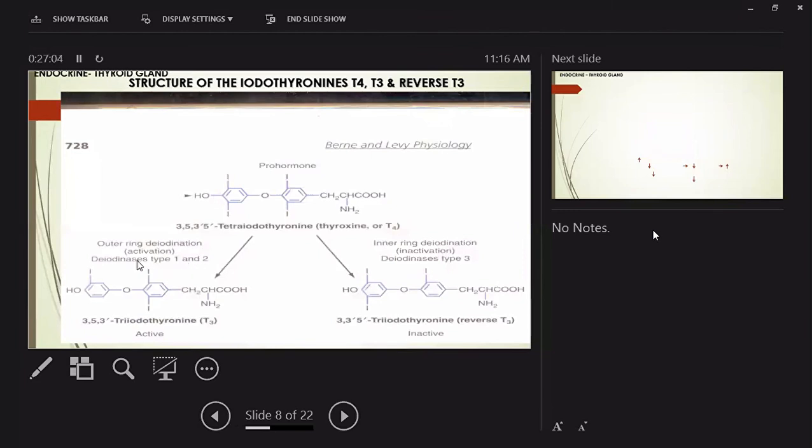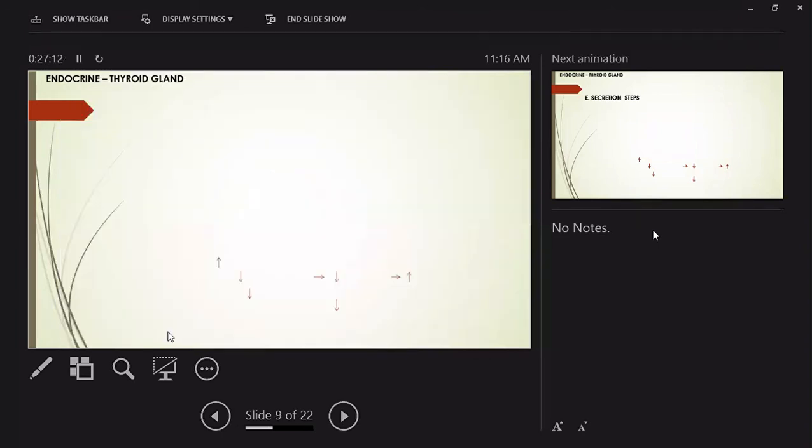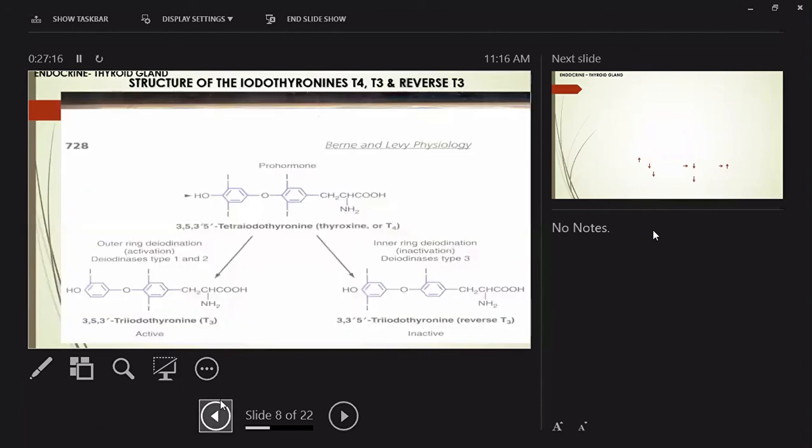If the deiodination is in the outer ring, then the T3 form is active. And this is what you call inner ring deiodination, which gives your reverse T3.